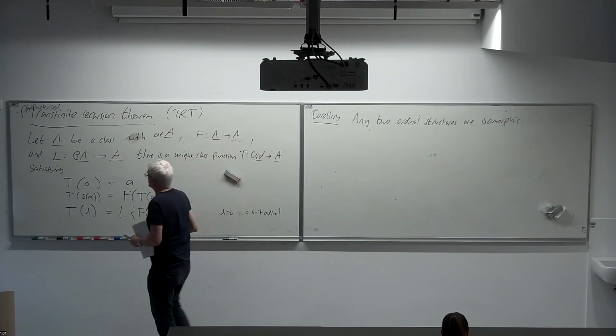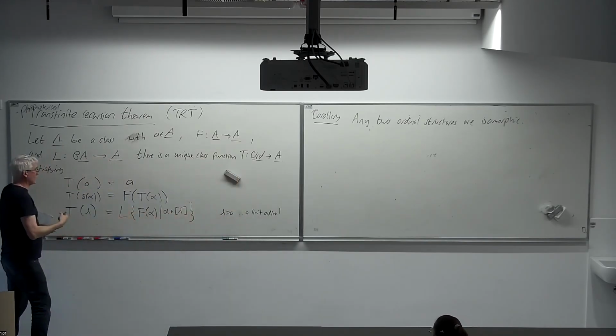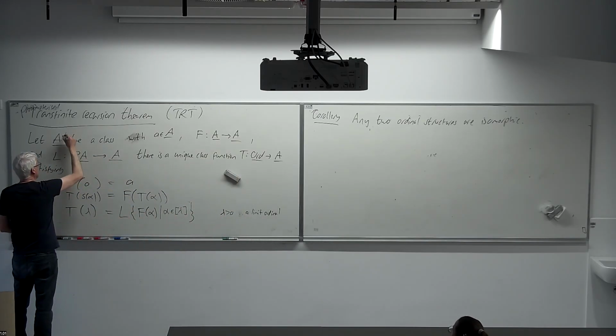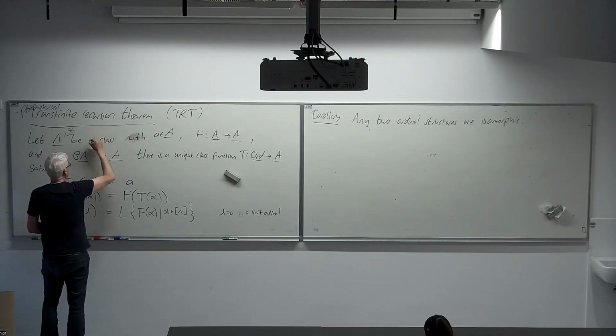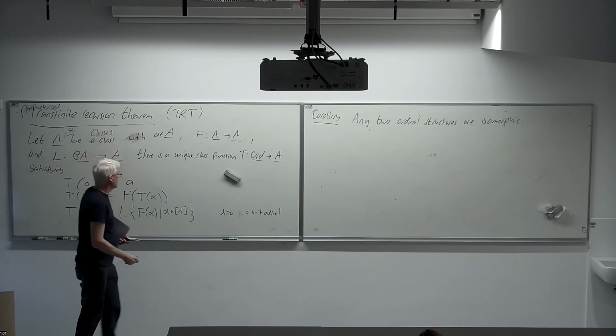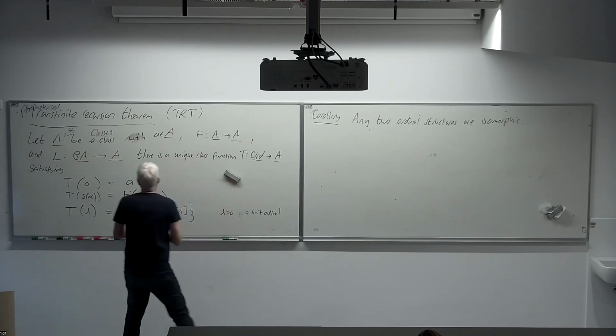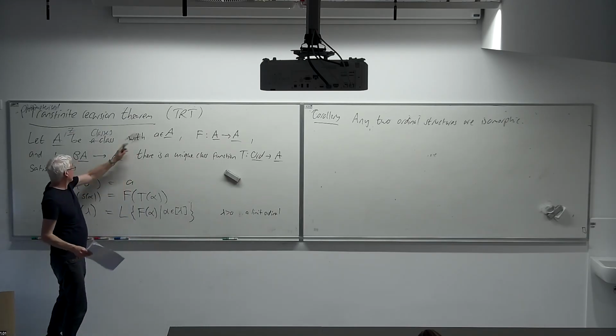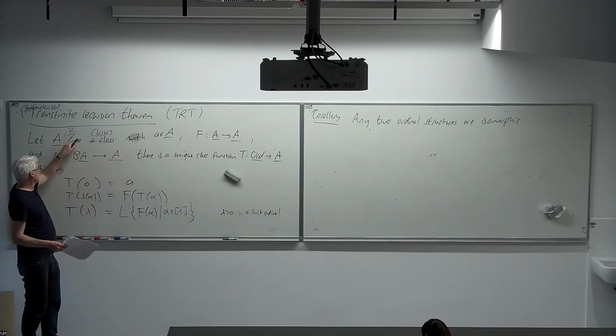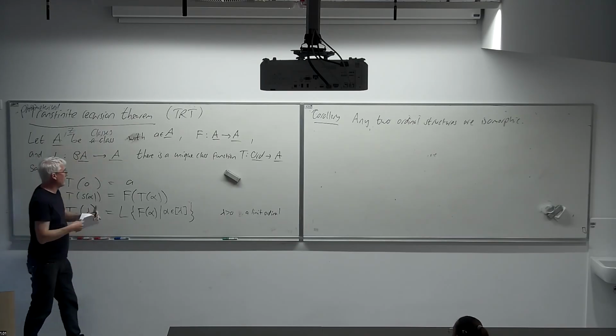The idea is we simply give ourselves a class Z, another potential argument, and we give Z as another argument everywhere.